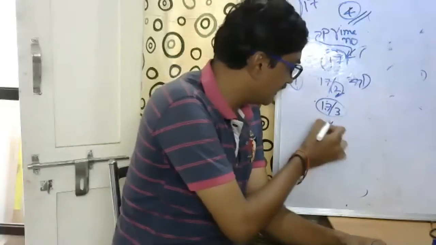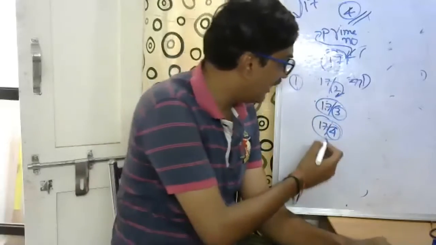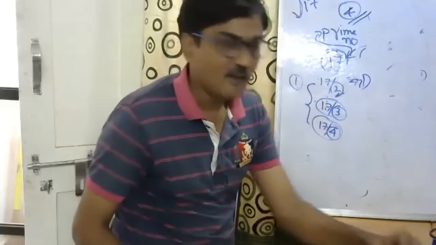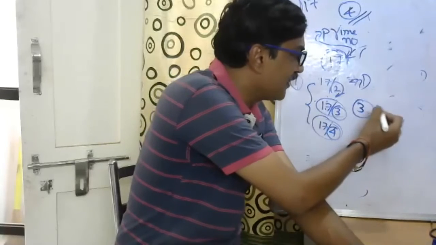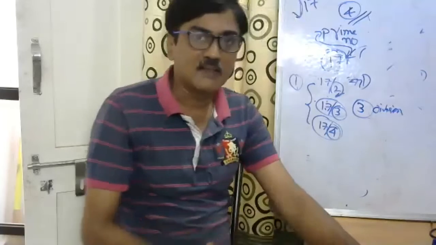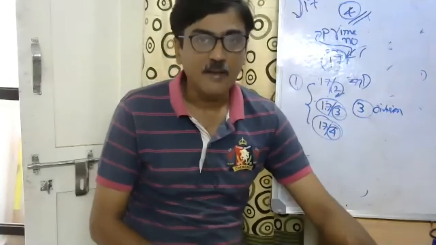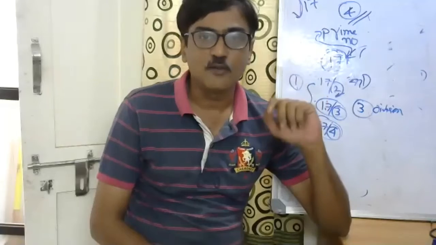So how many divisions am I doing now? I am doing only 3 divisions, and I am able to tell whether 17 is prime or not. Just by performing 3 divisions, I am able to give the answer as prime. Okay, so this is a very small number that I have chosen.